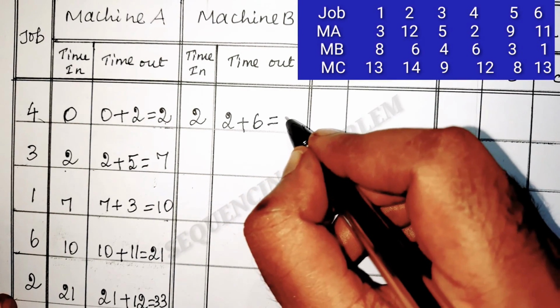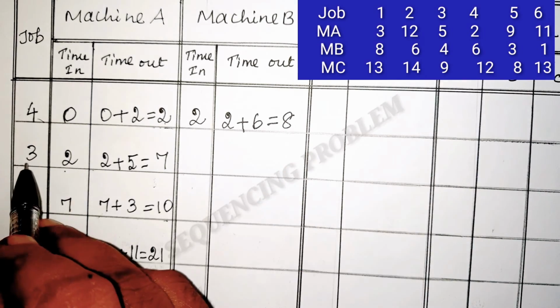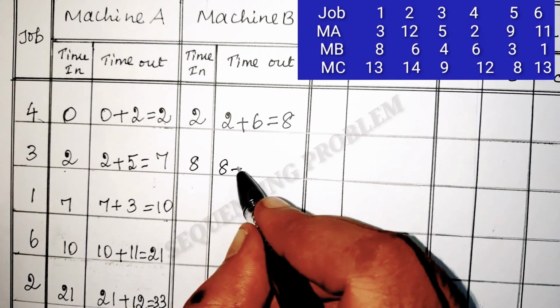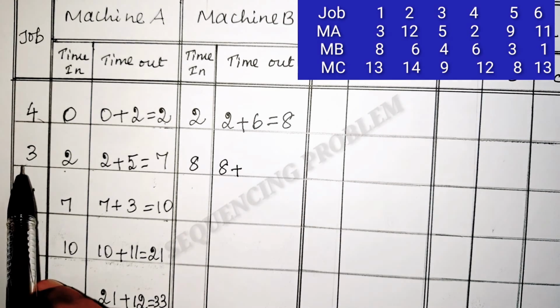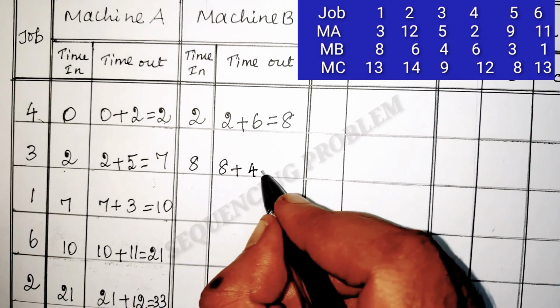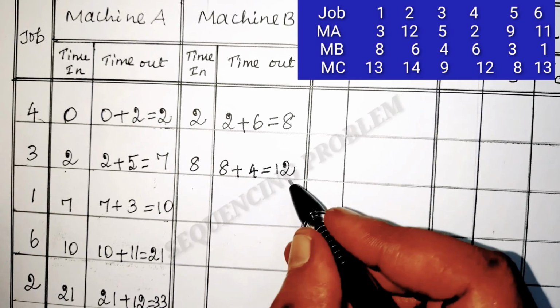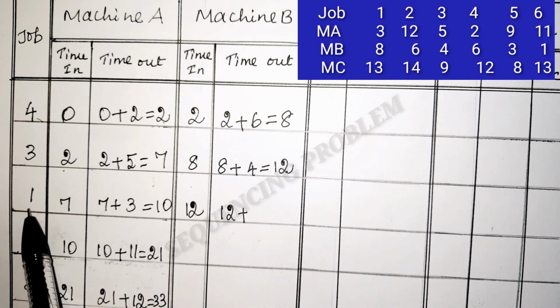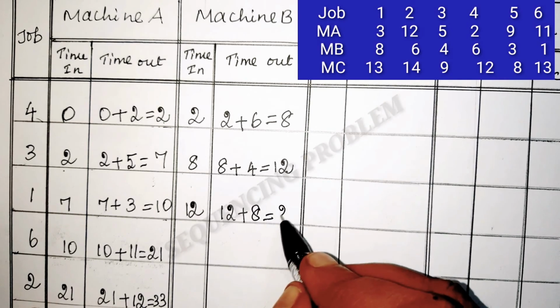So 2 plus 6 is 8. Time in for the 3rd job is 8. So time out is 8 plus processing time for job 3 on machine B, which is 4. So the value is 12. The next value starts at 12. Time out for job 1 is 12 plus processing time for job 1 on machine B, which is 8. So the total is 20.